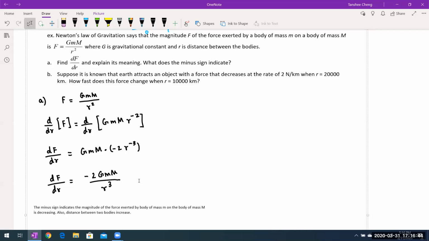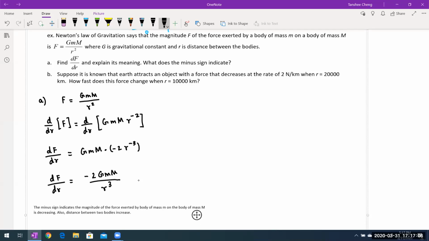Now, how fast is the force changing when the distance is only 10,000 kilometers apart? This is a new unit that we haven't talked about yet. This is called Newton, N. You can look up Newton units on Google.